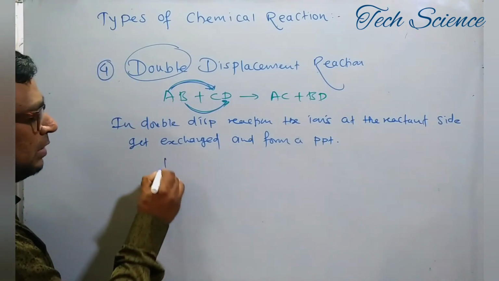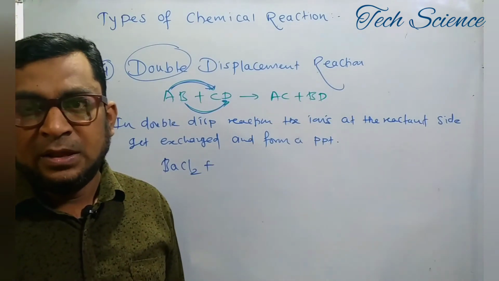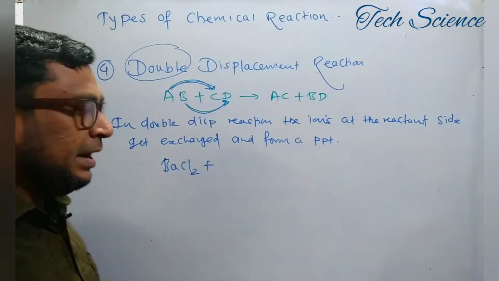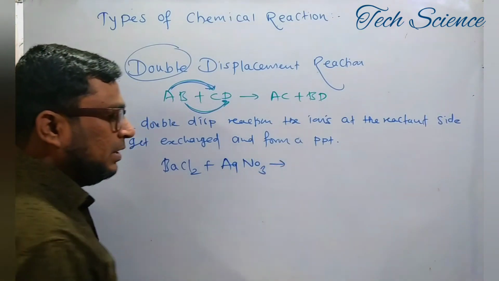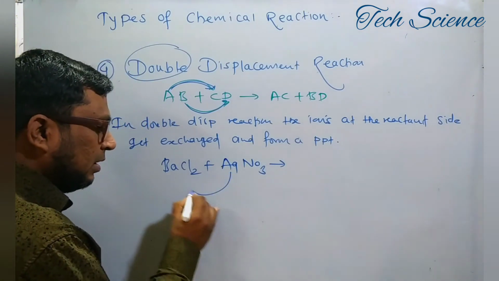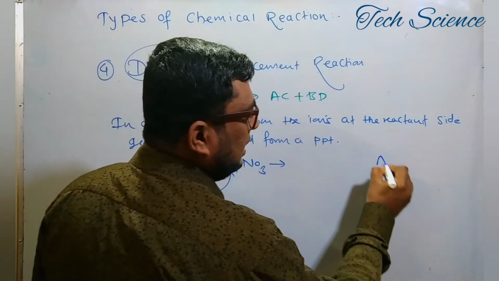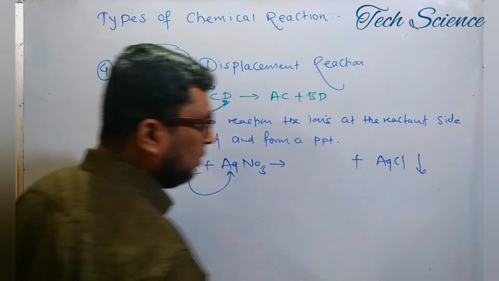Example, barium chloride, BaCl2, when treated with silver nitrate, AgNO3. What happened here? A precipitate has been formed. Which precipitate? Silver combined with chloride forms AgCl, silver chloride. The PPT of silver chloride has been formed.